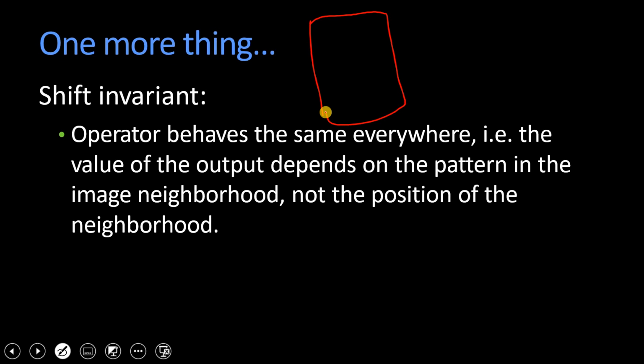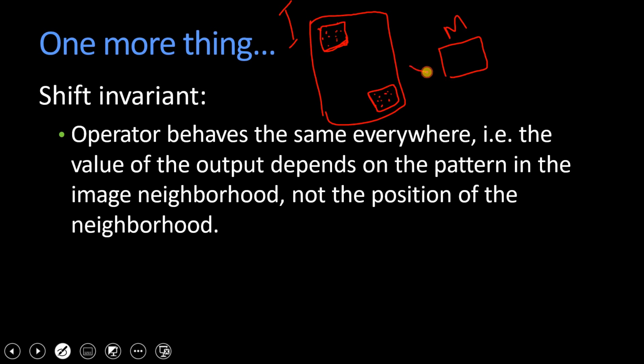So let's say this is your image I, and you want to apply correlation or convolution with the mask. If there are some values over here and that same image value repeats over here, say there is a bicycle, and the same bicycle is repeated over here in the image.